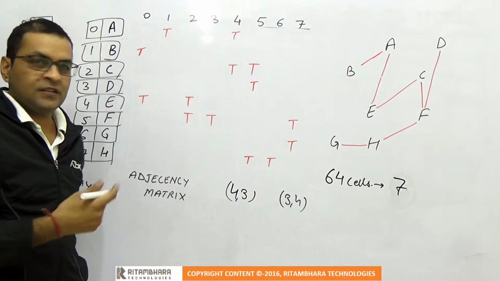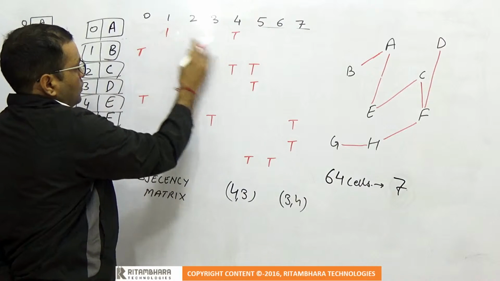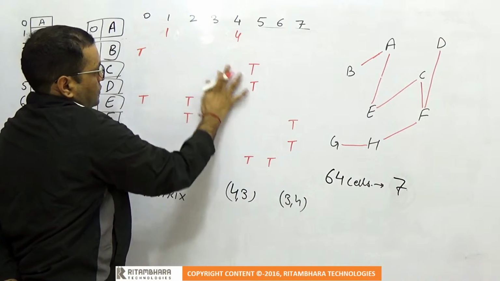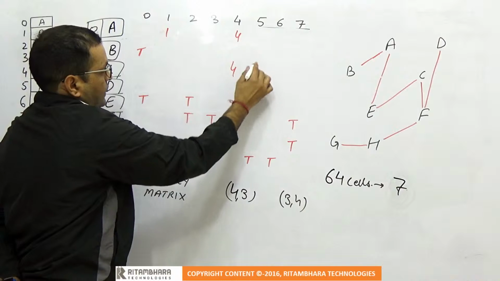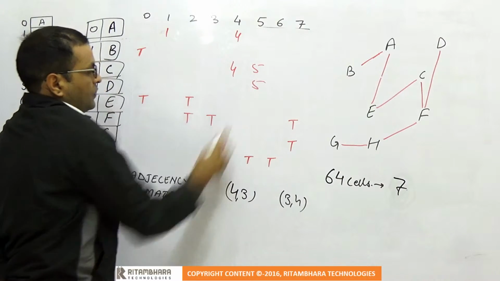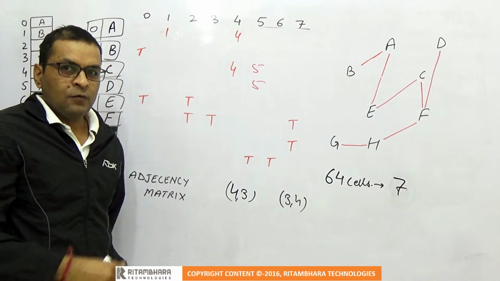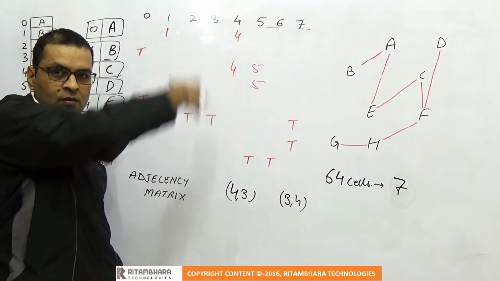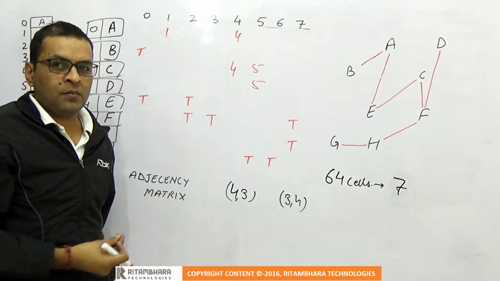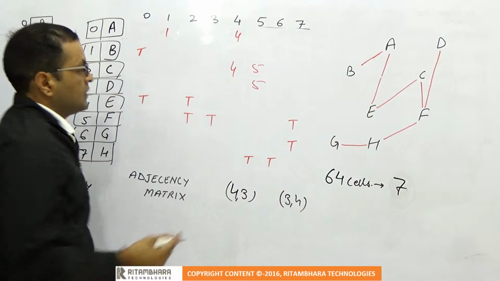So I am just replacing true with 1. True becomes 1, this will be 4, this is 5, this is again 5. So we are just replacing true with the number that is there in the column. True is replaced with the column number it is in.